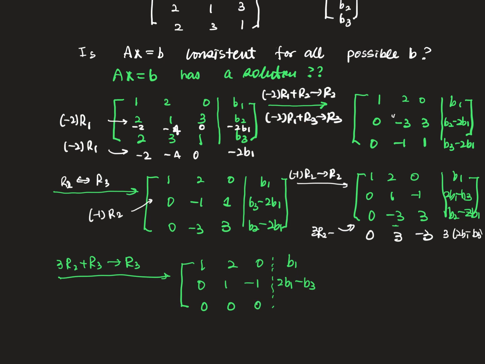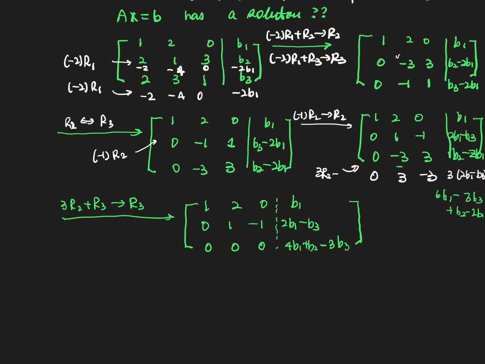So you're going to simplify this one, guys. Here 6B1 minus 3B3 plus B2 minus 2B1. So I have 4B1 plus B2 minus 3B3. That's what you find there. Okay, look at this one.